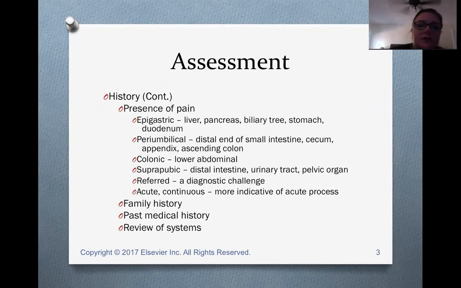So we want to identify where the pain is located, even if the child is not able to verbalize that, and then think about what is going on in that area of the body. Also remember that there's a lot of referred abdominal pain too, so we need to keep that in the back of our mind as well.